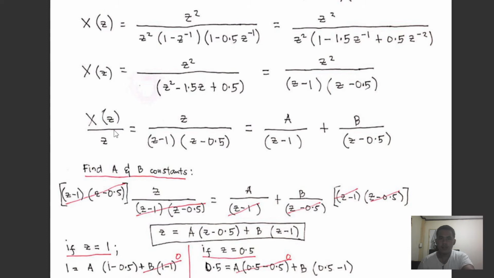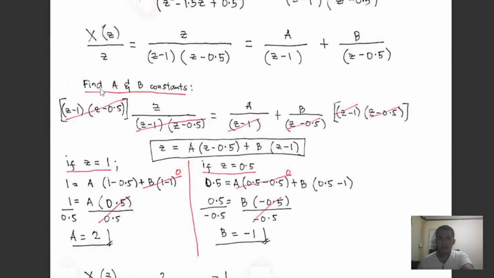We divide this by z, and this also by z. Then the next step is to solve the partial fraction. We need to find the constants A and B.